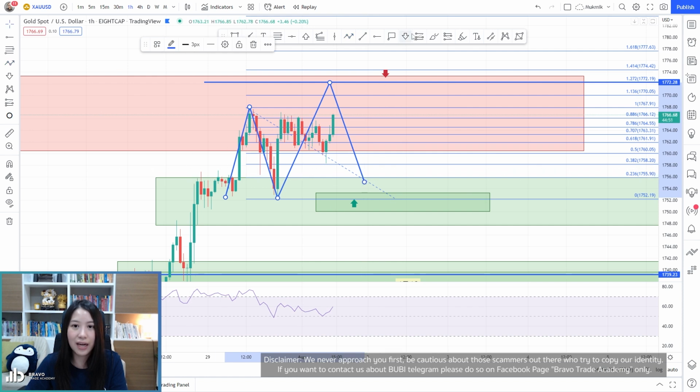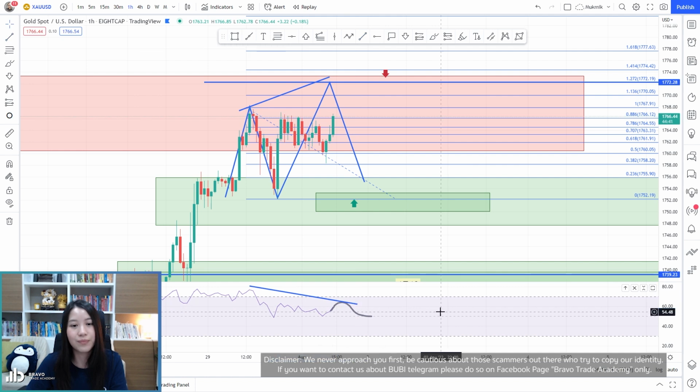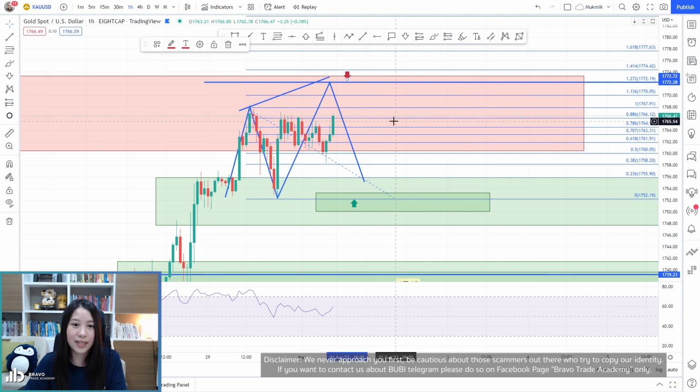However, the RSI is not following the price, so it makes a lower high. So the price makes a higher high and the RSI is making a lower high. So that's the classic divergence that you could use for confirming at this selling point.